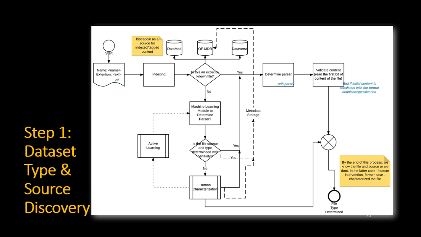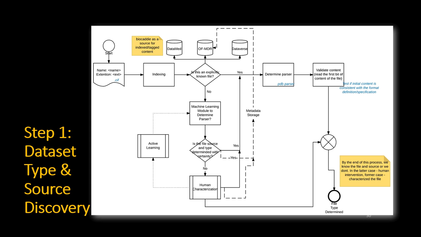Next steps there are actually then utilizing sources that we've determined that we know about, something like what some of the prior work has been done with machine learning on indexing and understanding different types of data. Is it something we need to actually run through the machine learning module or not? And then from there go forward with any characterization.